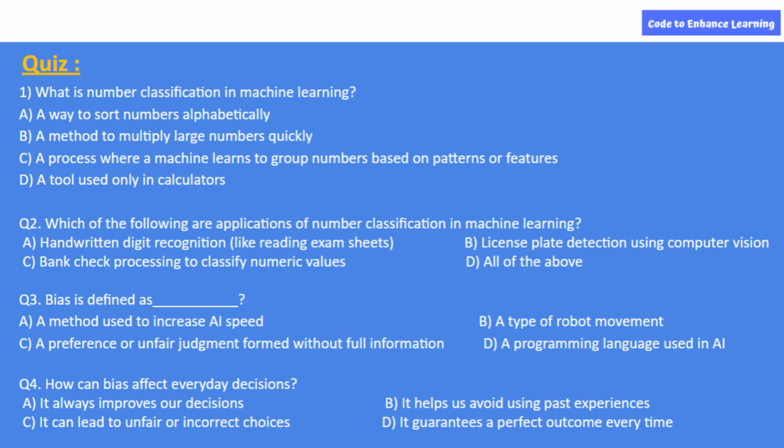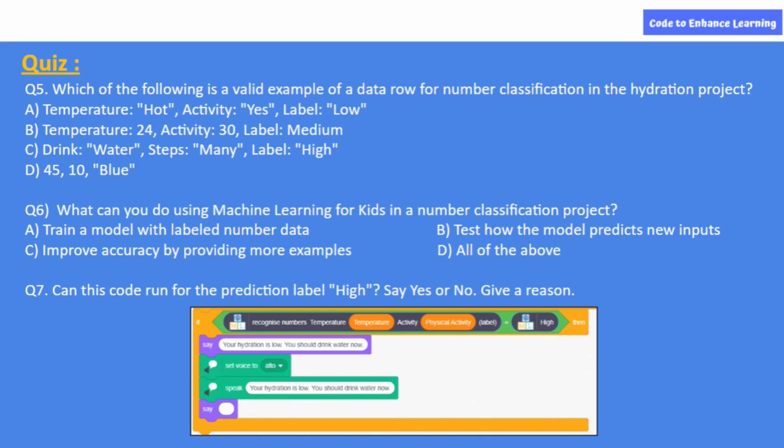So the correct answer is option C. Question number 5. Which of the following is a valid example of a data row for number classification in the hydration project? Your time starts now. And the correct answer is option B.